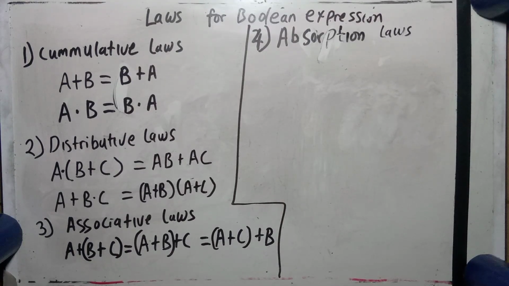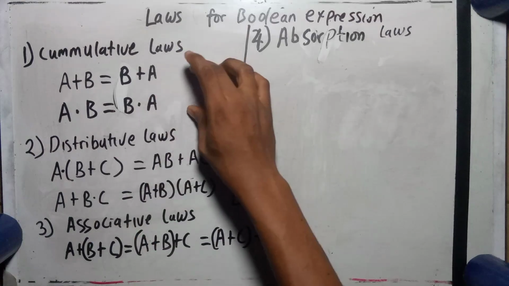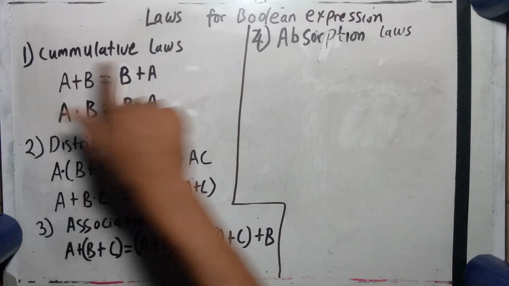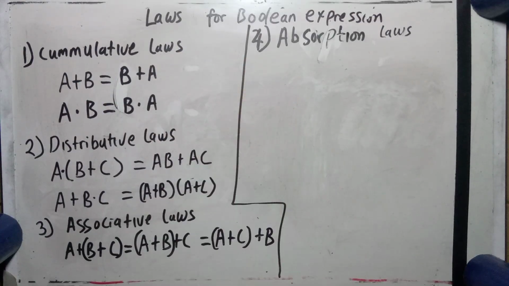Like the name says, we are absorbing. We are trying to swallow up some things. So I like the name. Distributive, we're trying to distribute. Associative, we are trying to associate. Understand?